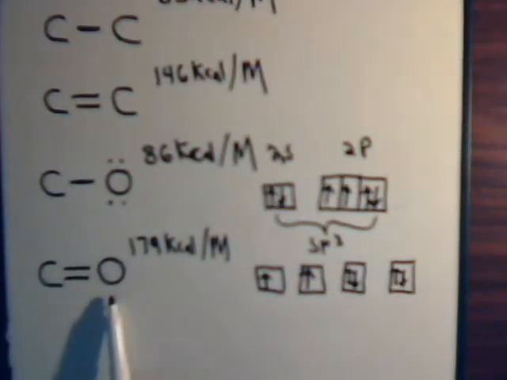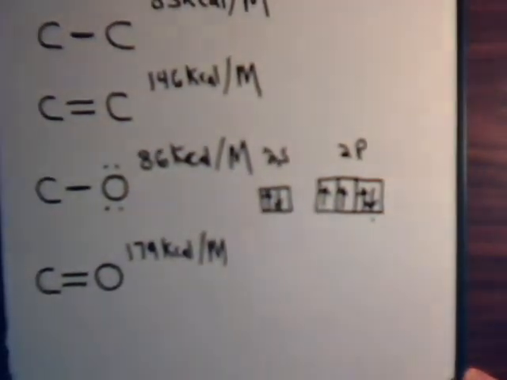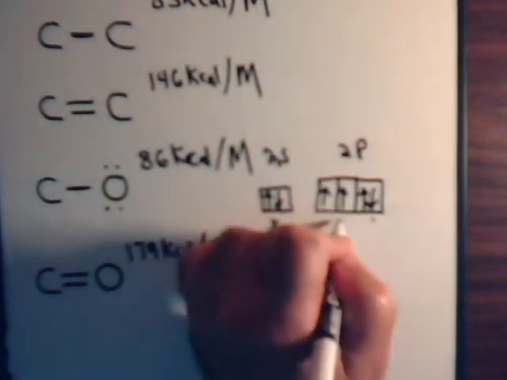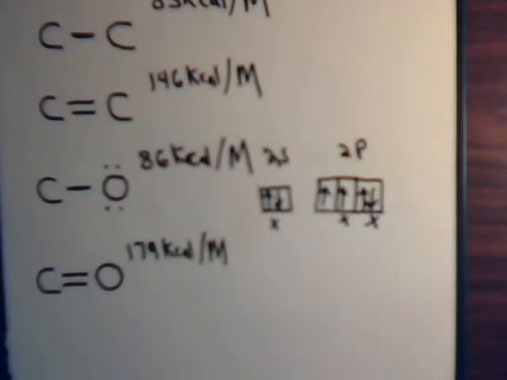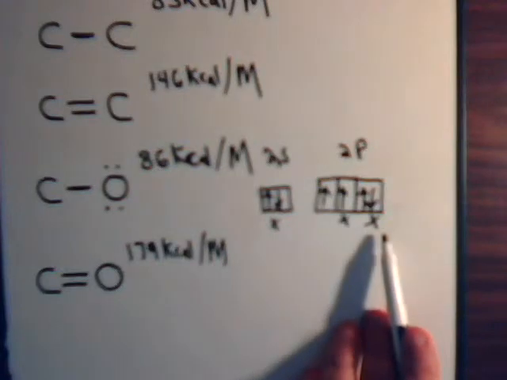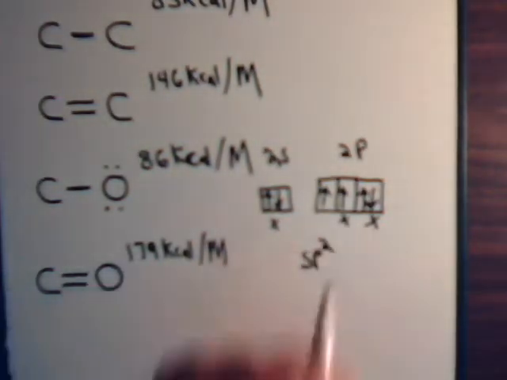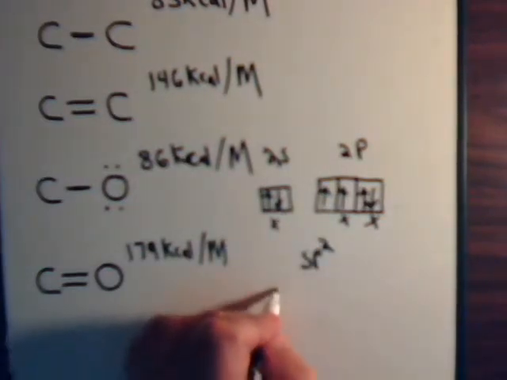This one is sp2 hybridized. Let's just show that. Let's say this, and this hybridized together. So we're taking 1 s orbital and 2 p orbitals to give us the sp2 hybridization. We combine 1, 2, 3 atomic orbitals.